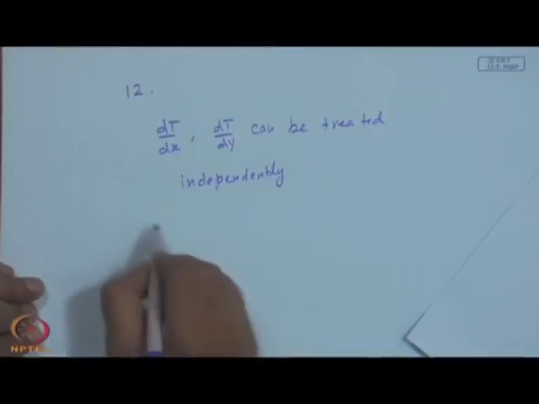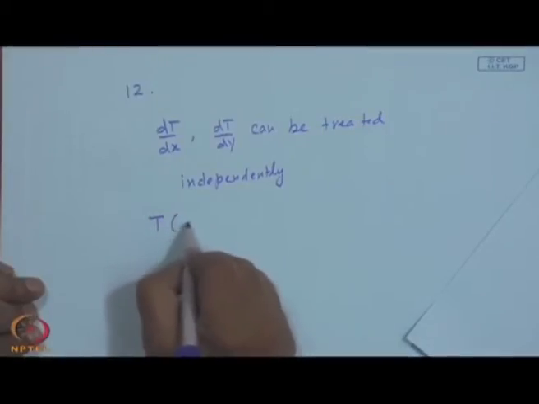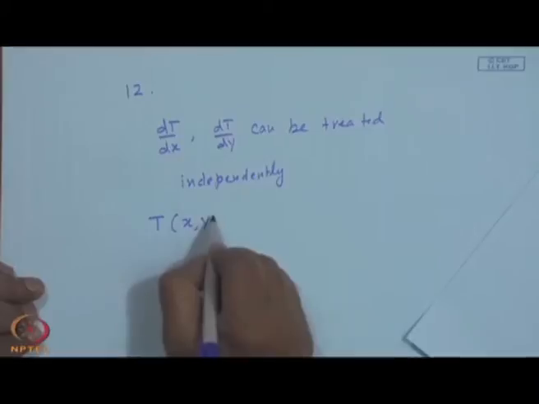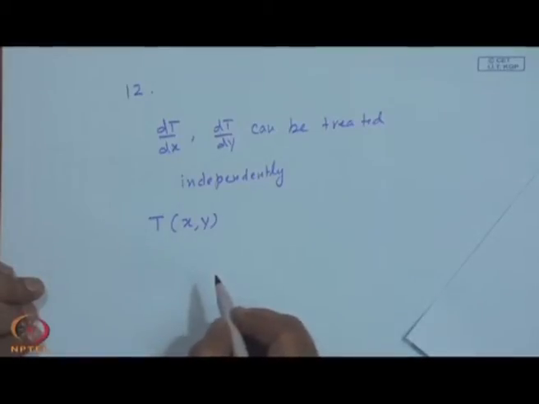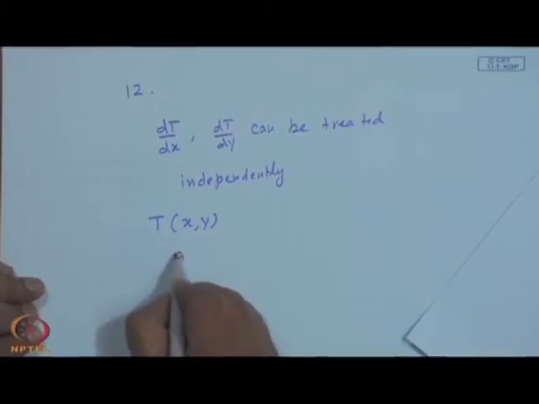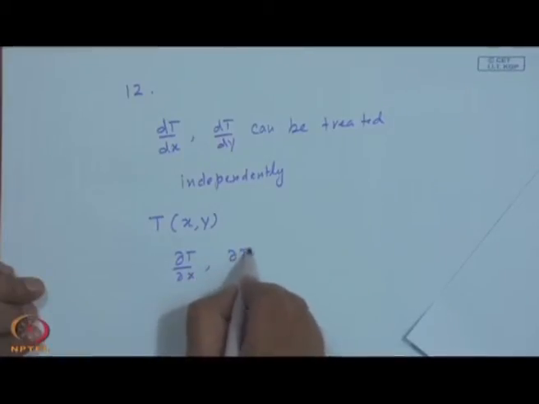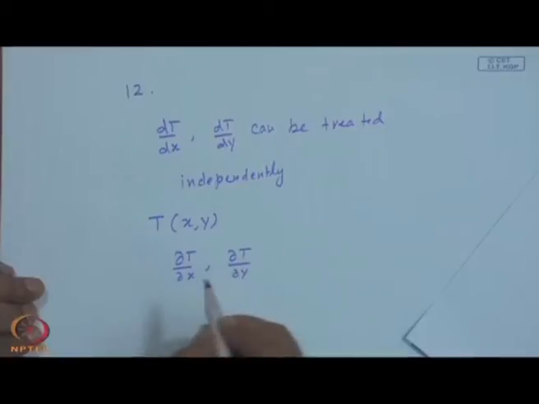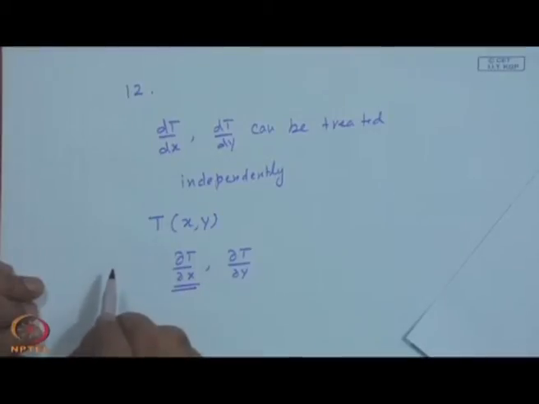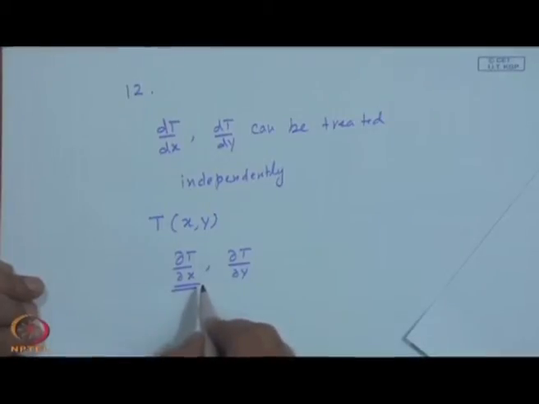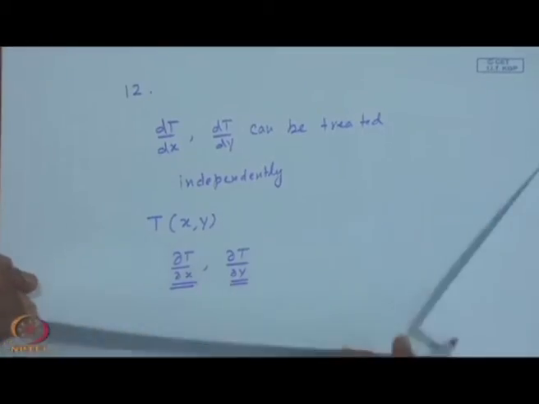If you remember, if we treat T as a function of x and y, I have a partial derivative of dT by dx and a partial derivative of dT dy. Now, what we are suggesting is that these changes in the x direction be treated independent of the changes in the y direction.